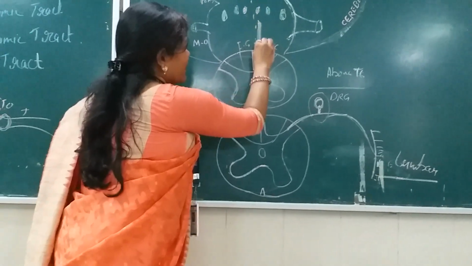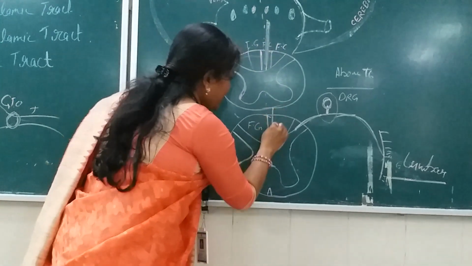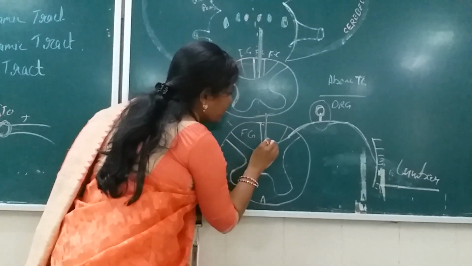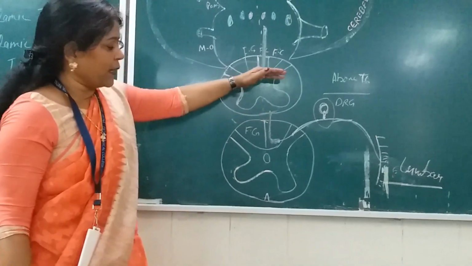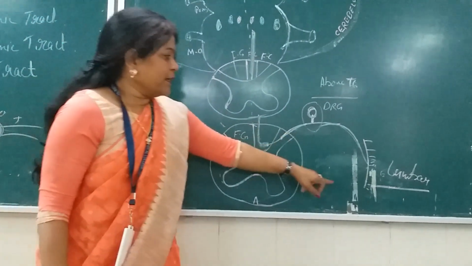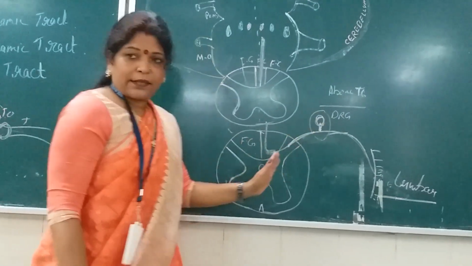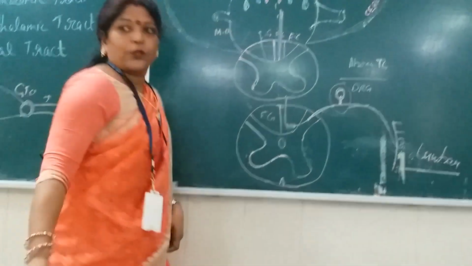This tract which is coming from the below thoracic level is on the medial side of the upper level. So suppose it is coming from below T6 level, all the sensation does not synapse here with the neurons.